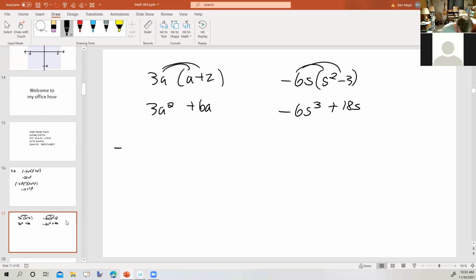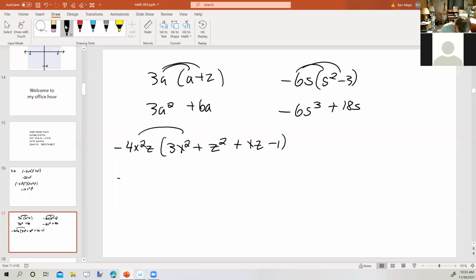And then let's see. How about this one? We've got a monomial times a polynomial. 3x squared plus z squared plus xz minus 1.